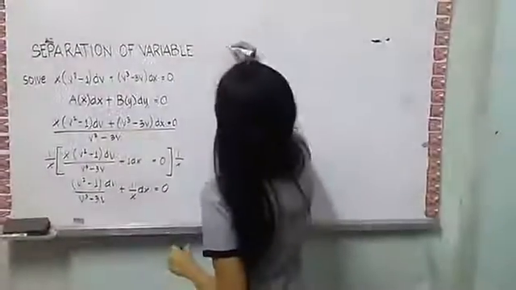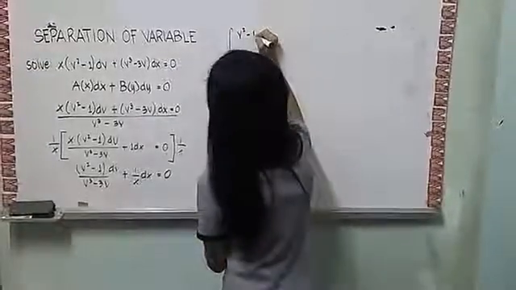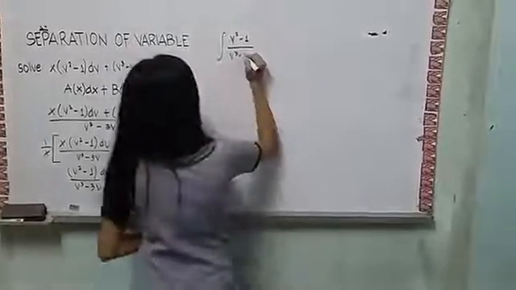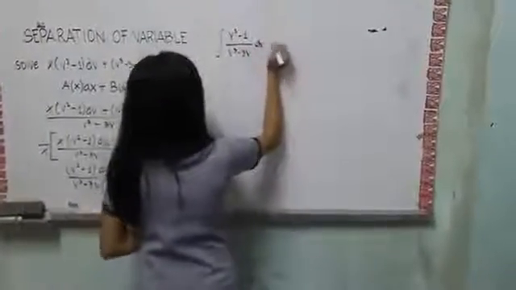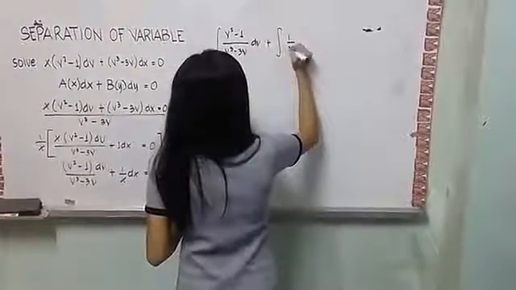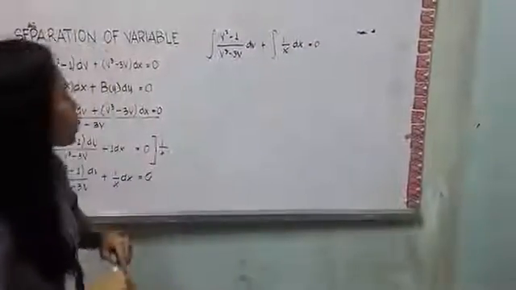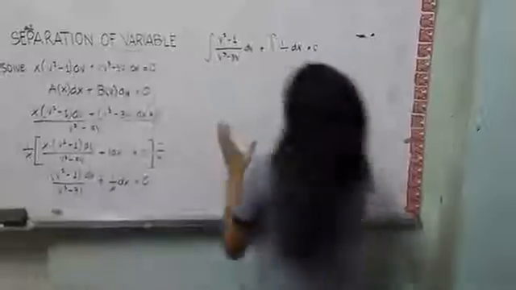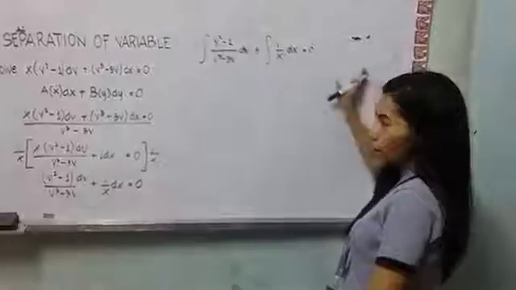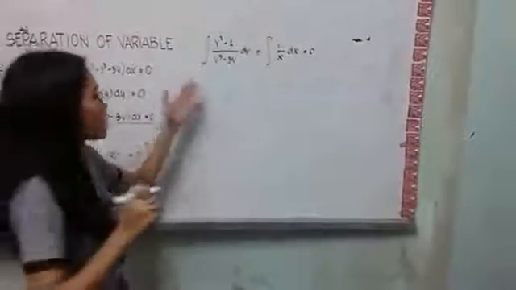So we will have the integration of v squared minus 1 over v cubed minus 3v dv plus the integration of 1 over x dx equals 0. So we can also move this 1 over x dx to the left side so we can see clearly the result of this equation.